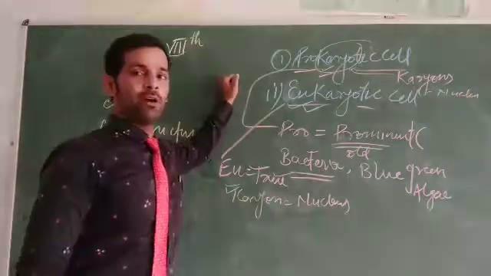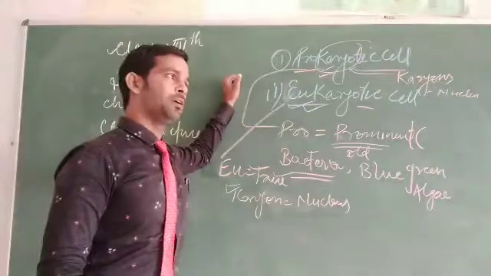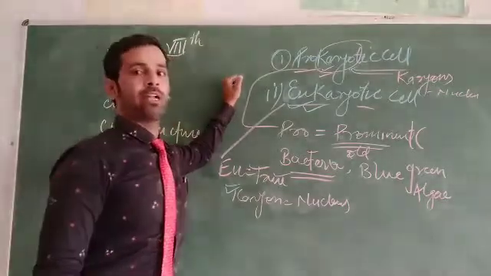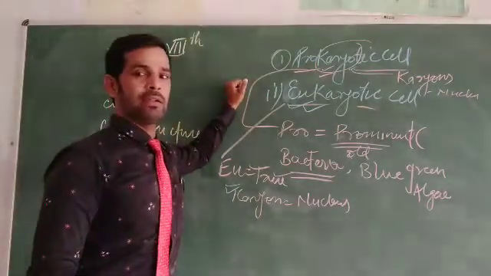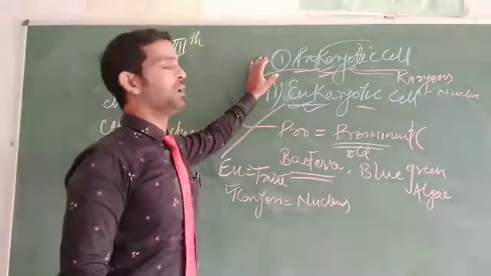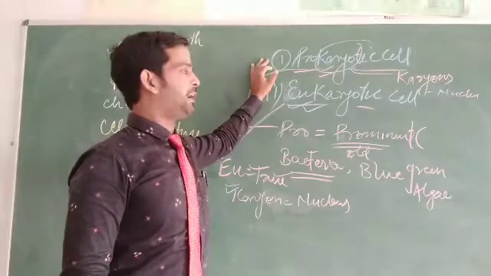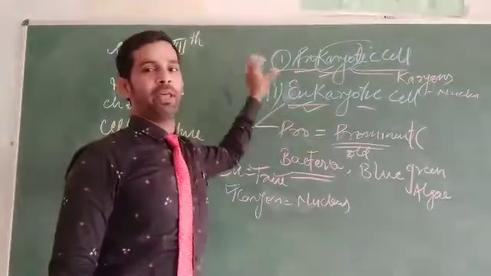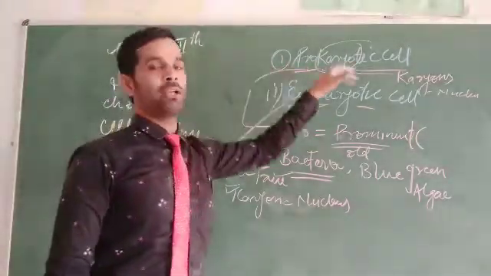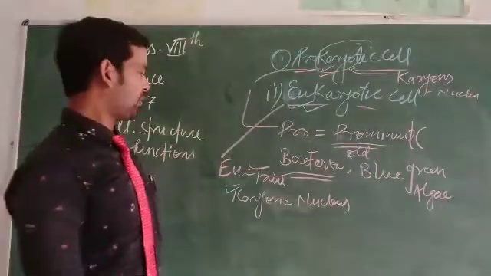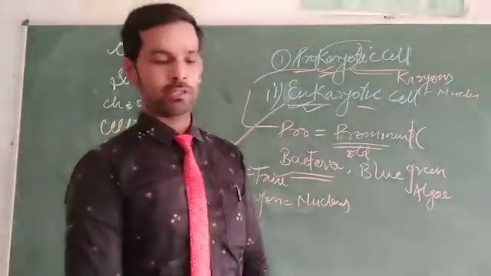The cell found with a well-defined nucleus is called a eukaryotic cell, and the cell with a not well-defined nucleus is called a prokaryotic cell. So this is all about prokaryotic and eukaryotic cells.